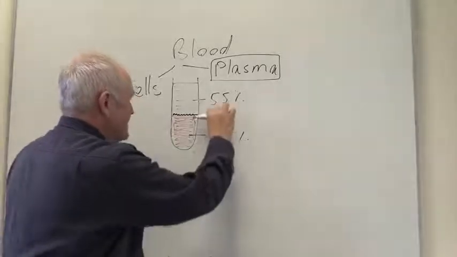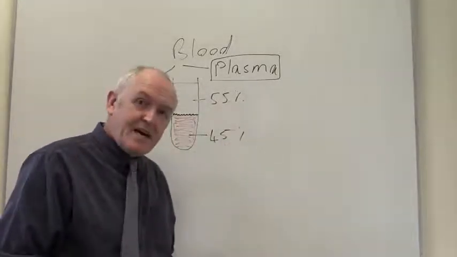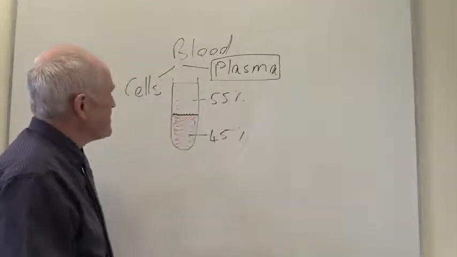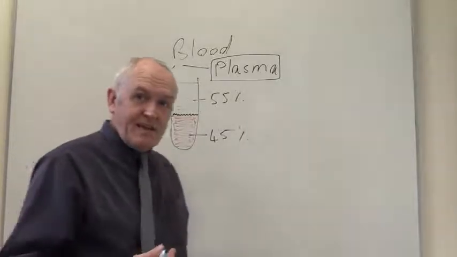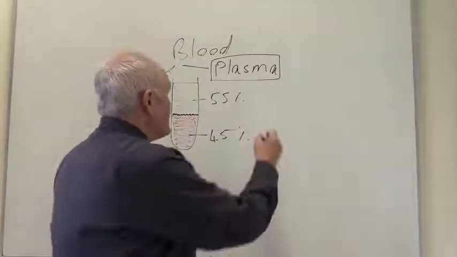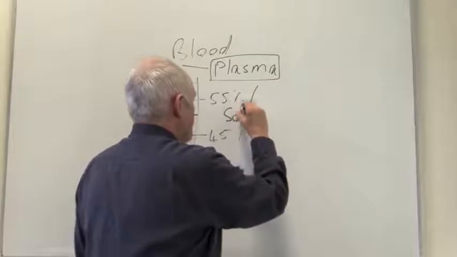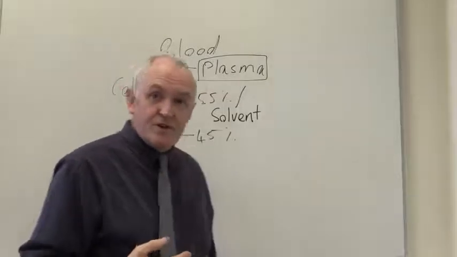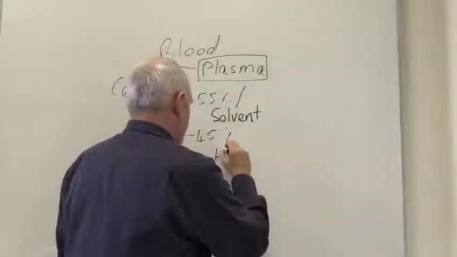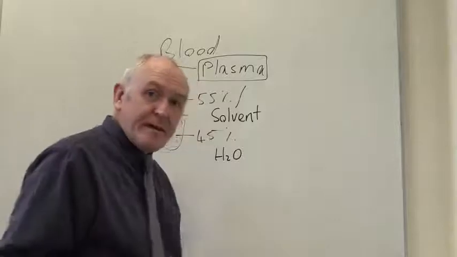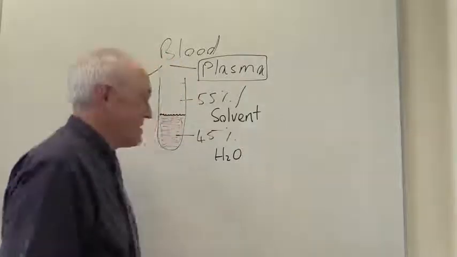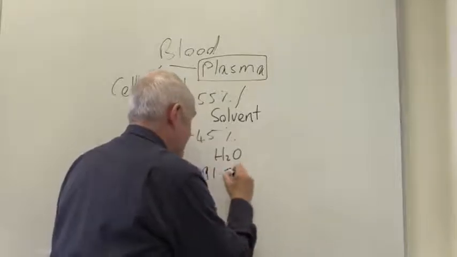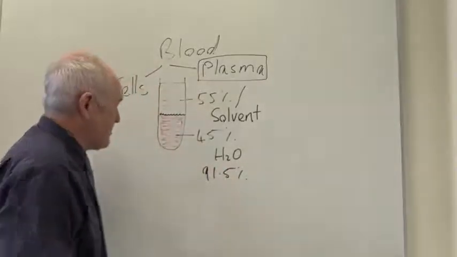The amount of blood that is red cells, we term that the hematocrit, the proportion of the blood that is red cells. But today we want to look particularly at the plasma. And the plasma contains a solvent. And in plasma, of course, the solvent is going to be water. If we just take the plasma without the cells, then about 91.5% of the plasma is going to be water.